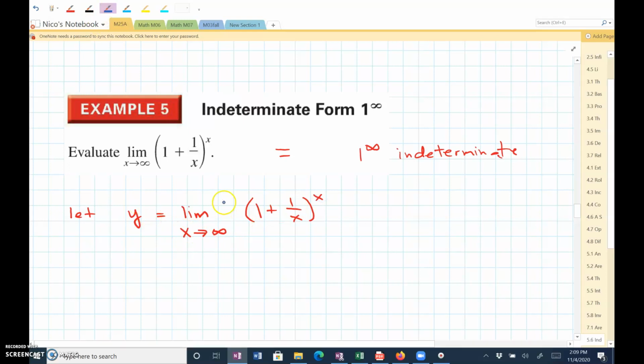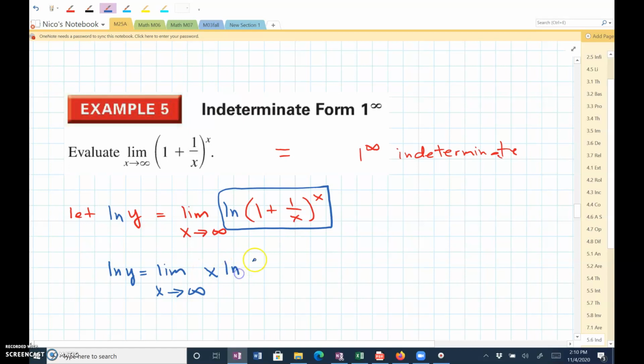Then what I'm going to do, I'm going to take the natural log of both sides. So then I would have the natural log of y equals the limit as x goes to infinity. And here we can use the power rule for logs. So this would be x times the natural log of 1 plus 1 over x.